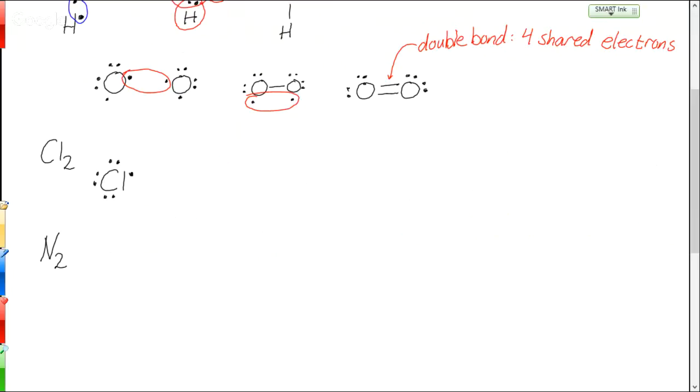So we can draw another chlorine. And share those, and now each has 8. So we could draw this dot style like this. Or we could draw it line style like this.